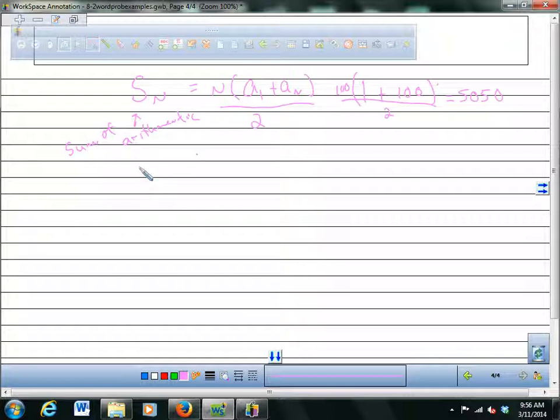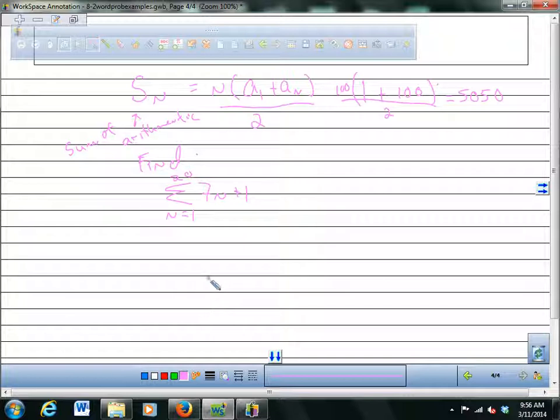So then you'll have things like find the partial sum, or they'll use summation notation on you, and they'll say, find the sum from n equals 1 to 20 of 7n plus 1.